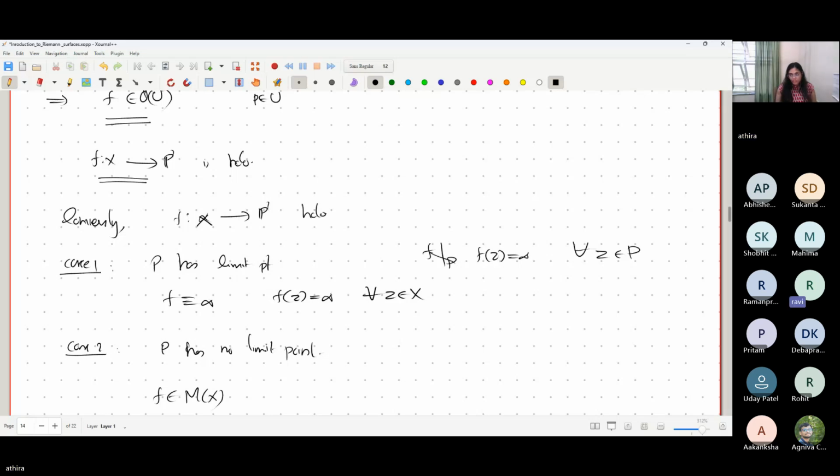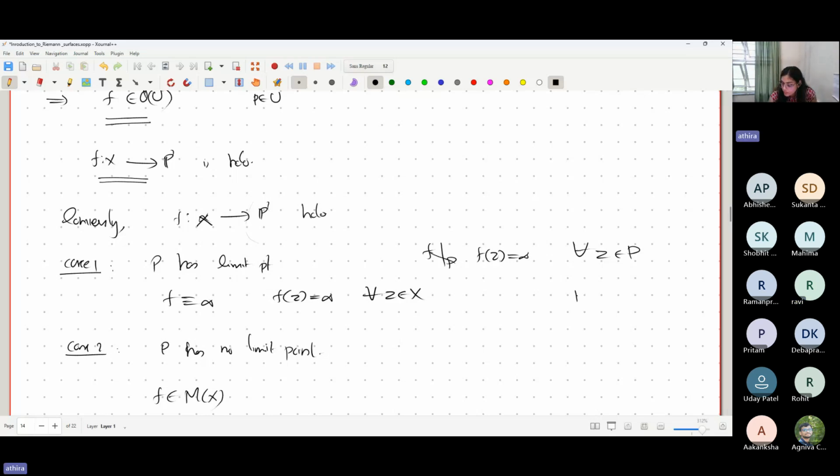Yes. But the image of f should lie in P1, right? Because the image of f is contained in P1. So infinity is not in P1, I'm saying.